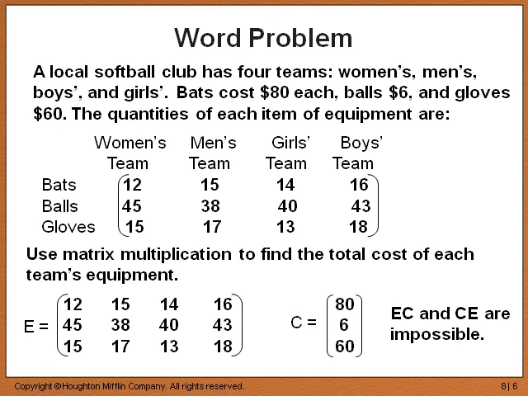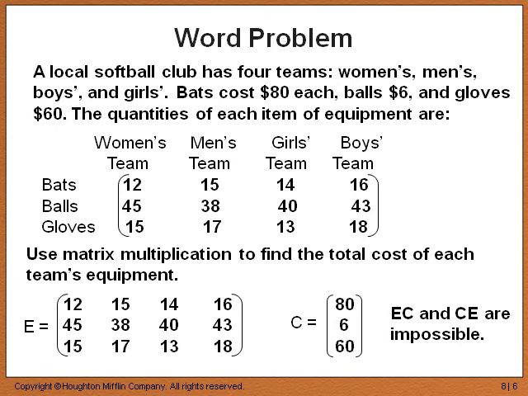Alright, first before we go on, why is it impossible to get the product EC? Well, if E is my left-hand matrix and C is my right, the number of columns of E, 4, does not match the number of rows of C, 3. 4 is not equal to 3, therefore that's impossible. How about CE?